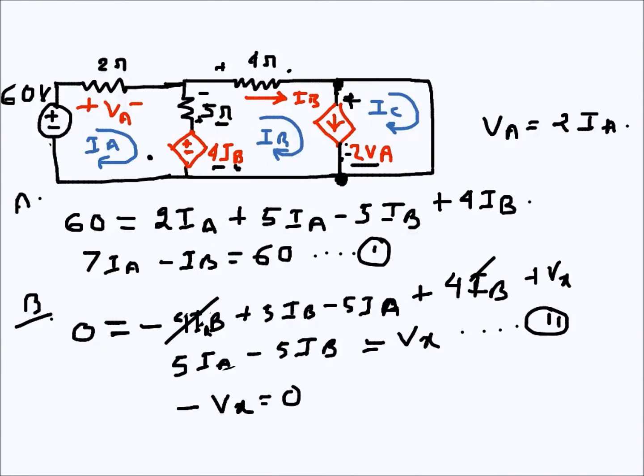There will be a current, because this is a voltage-controlled current source, with the voltage across another resistor, which is this one. So Vx is 0, and that makes everything simpler. This is our third equation. Going back to the second equation, Vx is 0, so what we get from the second one is IA is equal to IB.